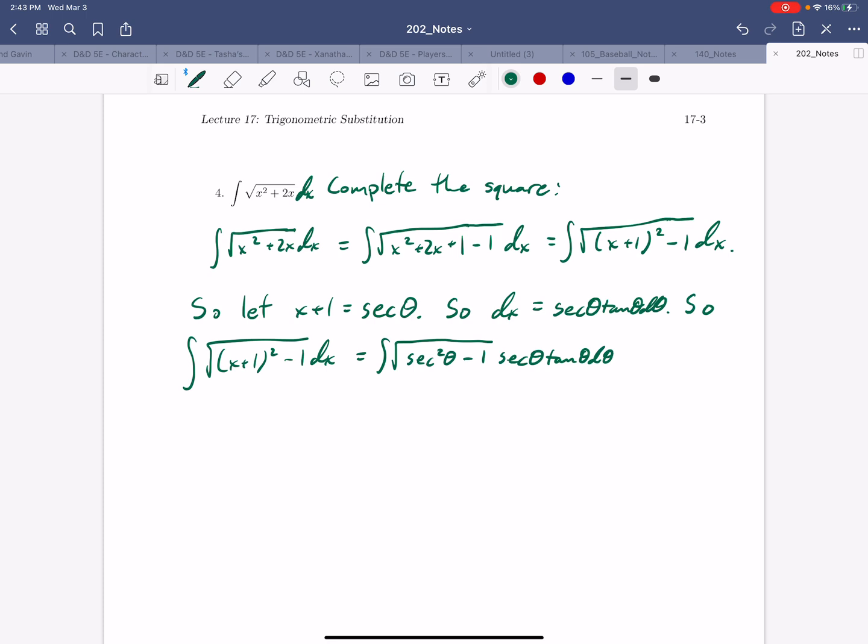Okay? Now remember, you can simplify this and just skip this step if you want. I'm just doing it to promote maximum understanding. Anyway, we're going to wind up with secant of theta tangent squared of theta d theta.